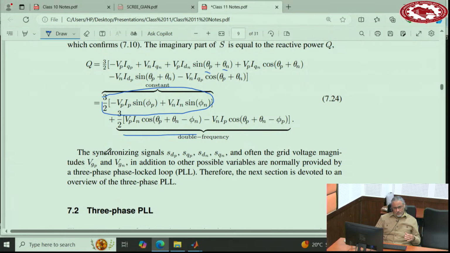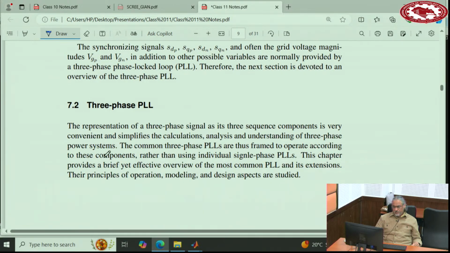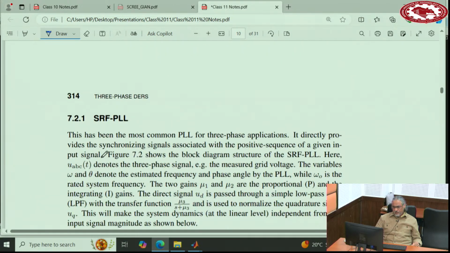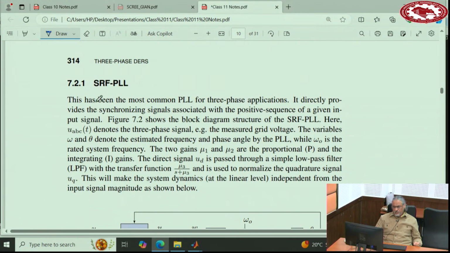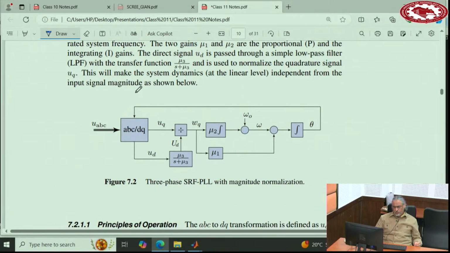Over there we used a PLL, here also we use a PLL, but it's a little bit more extended. So this is a conventional one, called the synchronous reference frame phase lock loop, which is used, slightly modified here in this presentation, but not much. So there is an ABC to DQ transformation, which we talked about before, and it gives you the D component and Q component.